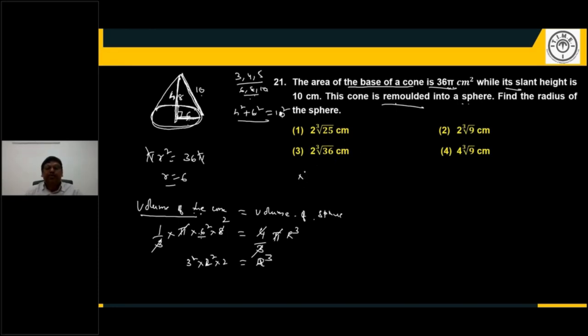Students, if I take r cube, I write it here, equals 2 square into 2 cube into 3 square, 9. So r is equal to cube root of 2 cube into 9. Cube root of 2 cube will be 2 into cube root of 9. So my answer is choice 2.